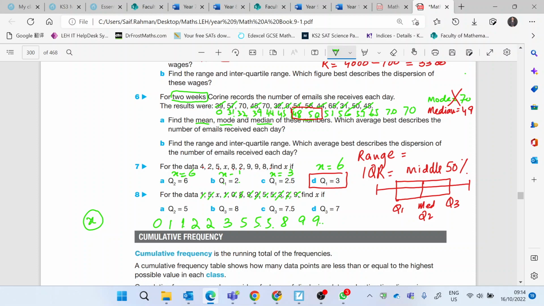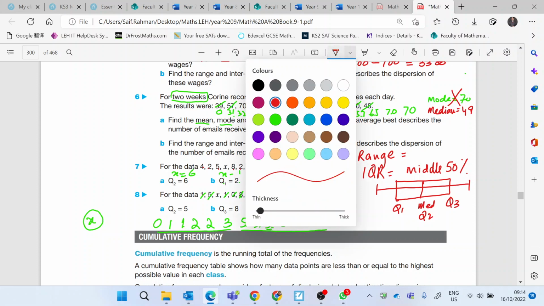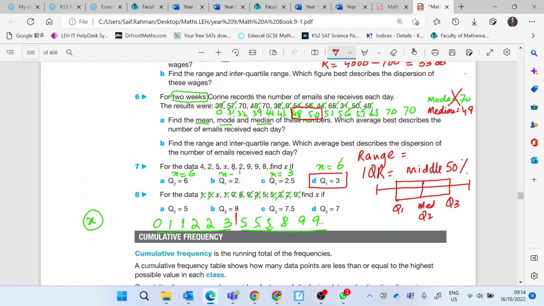If these are 12, that means 6 towards this way and 6 towards this way. So the middle number should be here, Q2, right? So this Q2 is 5, so that means the x should be 5.